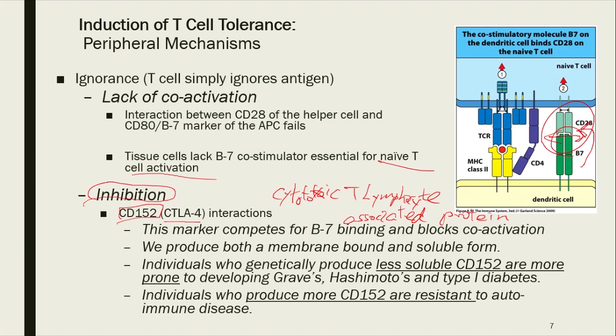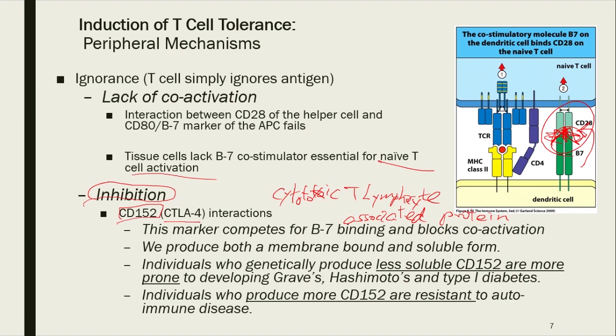Alright, having this marker, they will compete for the B7 binding site. So you are sticking a marker in between B7 and CD28, basically stopping the interaction or co-activation process there. We have both membrane-bound and soluble forms of CD152.